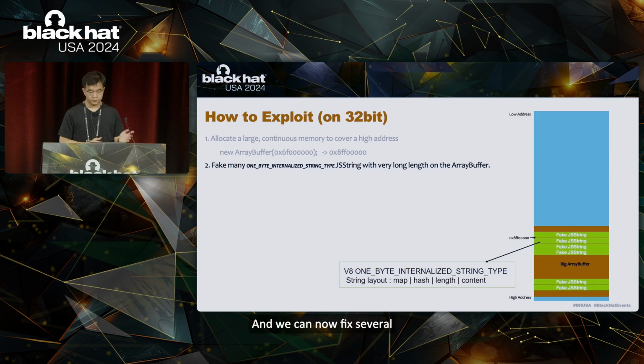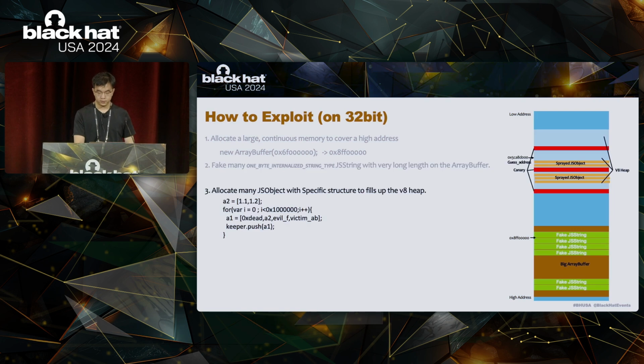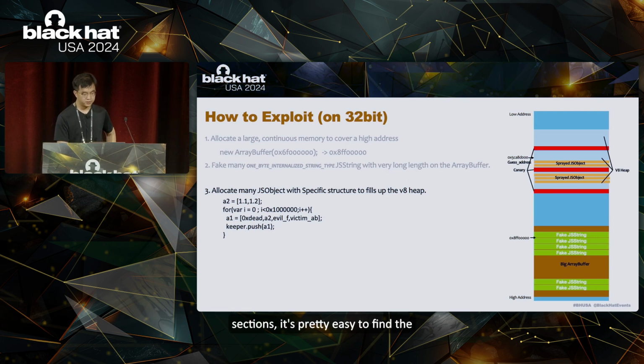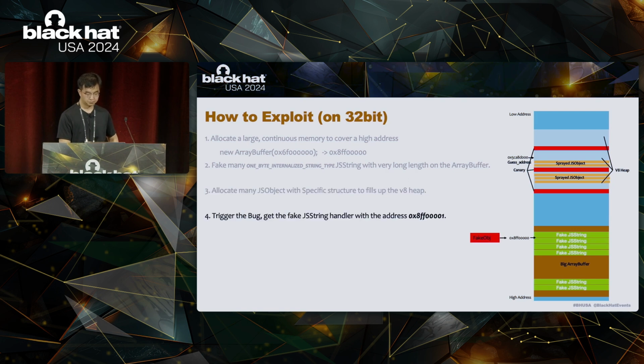And we can next fix several JavaScript string objects with very large length values on this array buffer. And next, we allocate objects with markers in the V8 heap. Please note that while non-readable and writable protected segments exist among different V8 heap sections, it's pretty easy to find stable mapped V8 heap addresses under sufficient memory pressure.